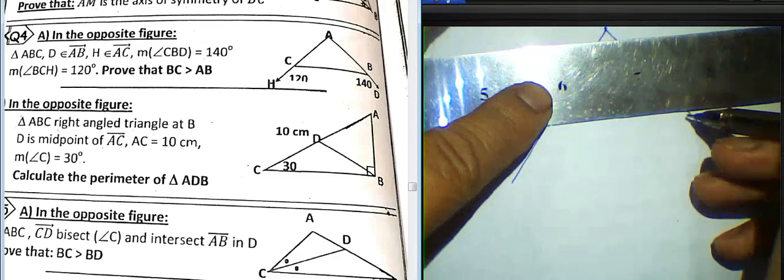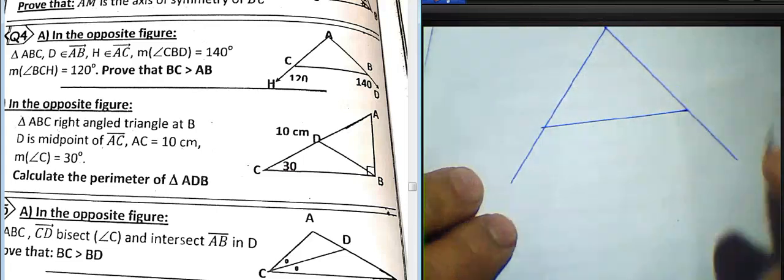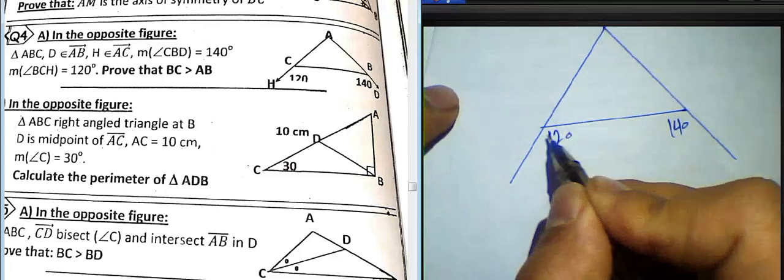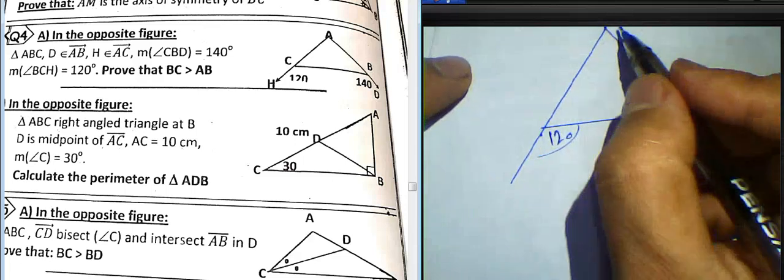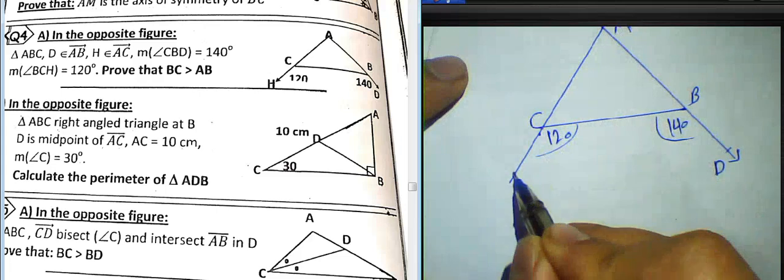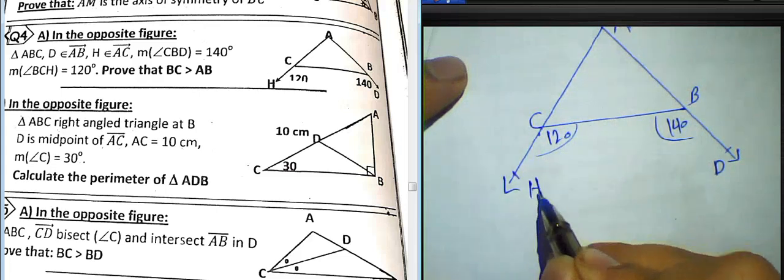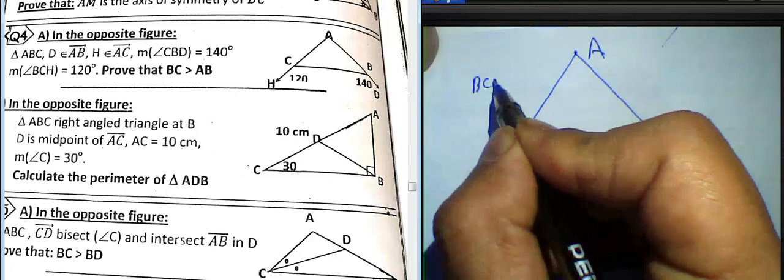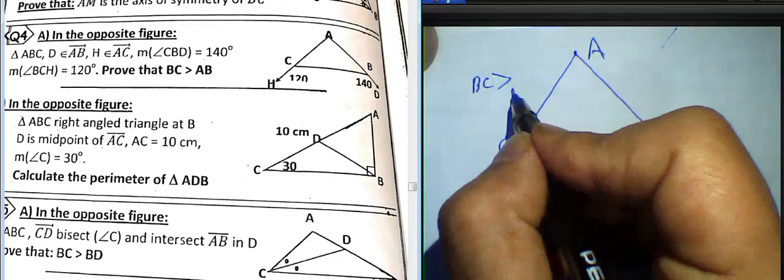They give us this angle 140 degrees and this angle 120 degrees, with points A, B, C, D and H. In this example, we want to prove that BC is more than AB.